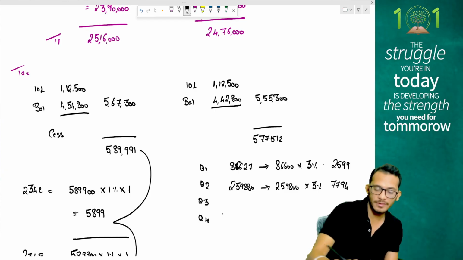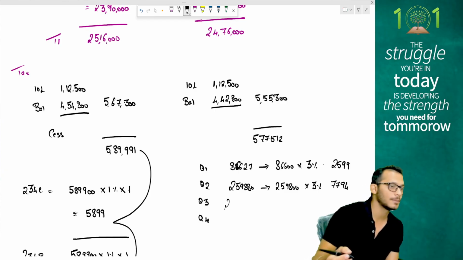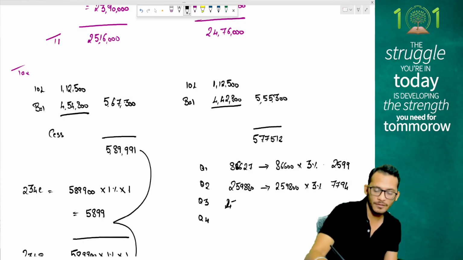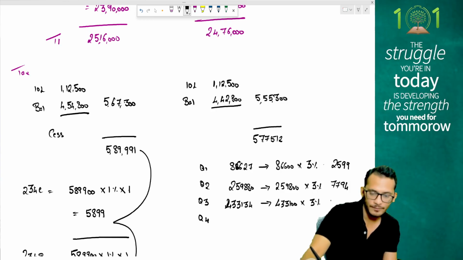That is 7794. Quarter 3 is 75%, which is 433,134, which gets rounded off to 433,100 into 3%. Number becomes, sorry, 12,993.